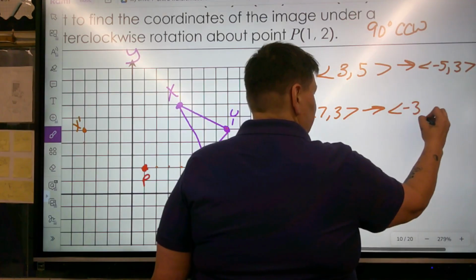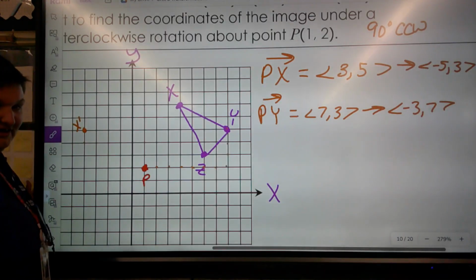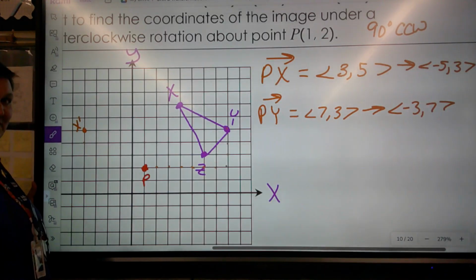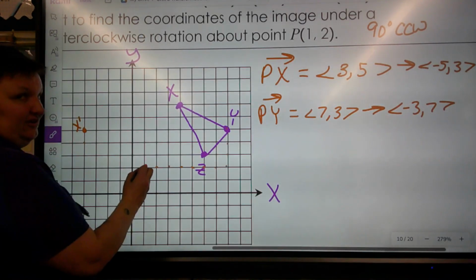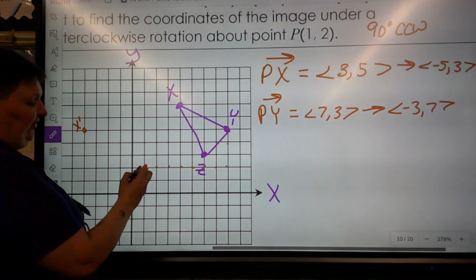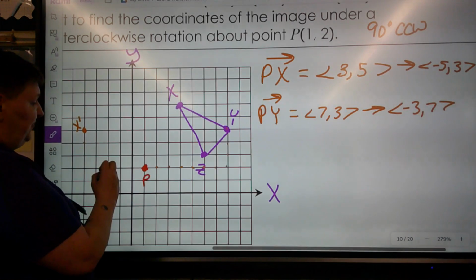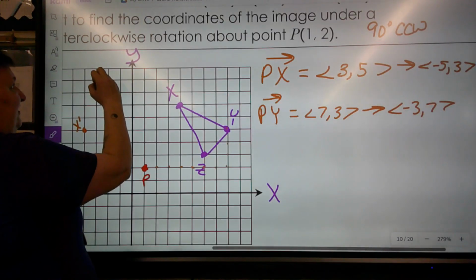So negative 3, 7 is our new vector. It's the vector to our prime, right? So to get to Y prime, we start at the center of rotation or axis of rotation, and we go left 3, up 7. And that's my Y prime.